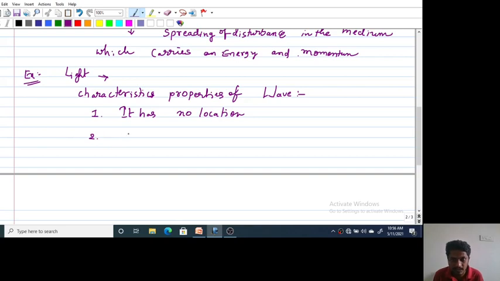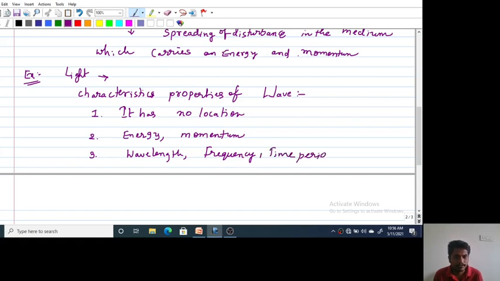It has energy and momentum associated with it, as I told in the definition, and a wave has wavelength, frequency, and time period, etc. The wave is specified with these characteristic properties.